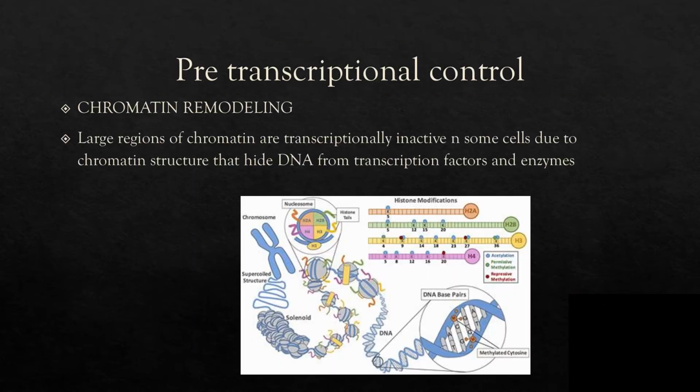Now moving on to the first one, pre-transcriptional control. Talking about pre-transcriptional control, the first thing is chromatin remodeling. Here, the linear DNA, which is 2 nanometers in size, will bind to histones to form nucleosomes. Then nucleosomes will tightly bind to form solenoids.